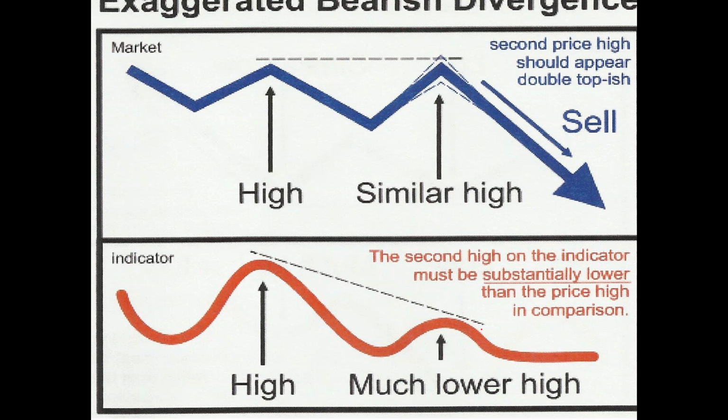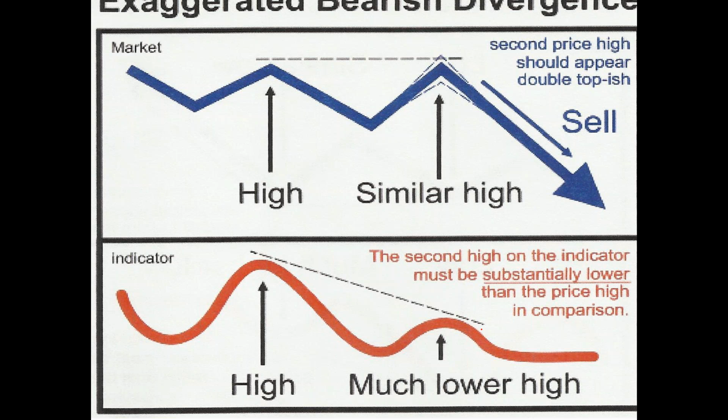You can see divergence on every single time frame, even 1 minute. But the higher the time frame, the more important it is. Of course, for intraday trades, 1 hour is optimal. And for the analysis, you can also use 4 hour. But it's usually used for analysis. Okay?